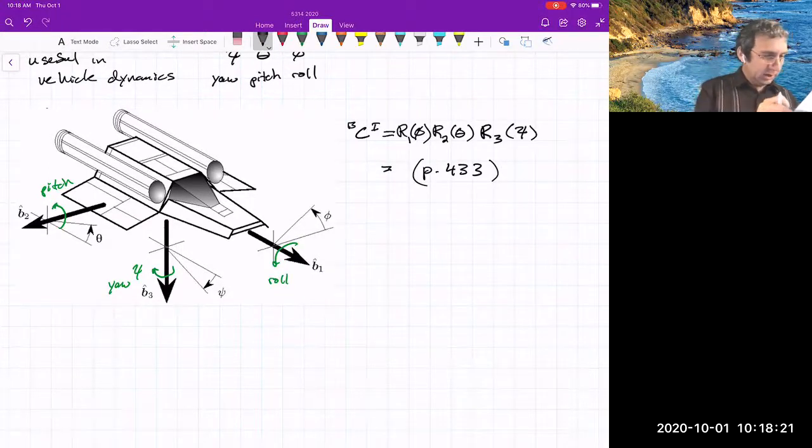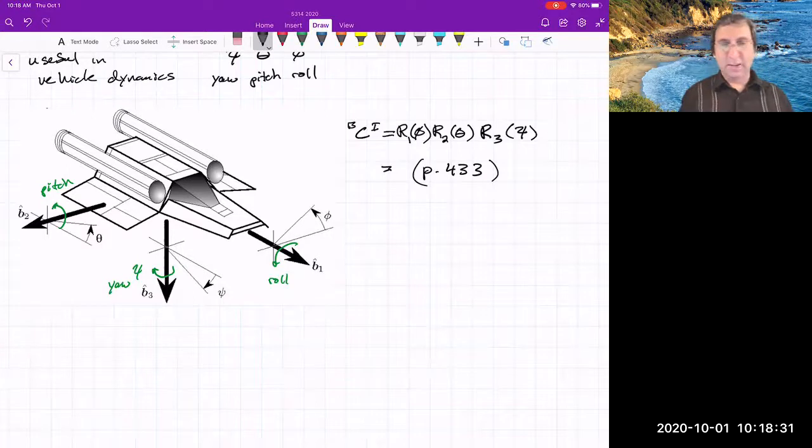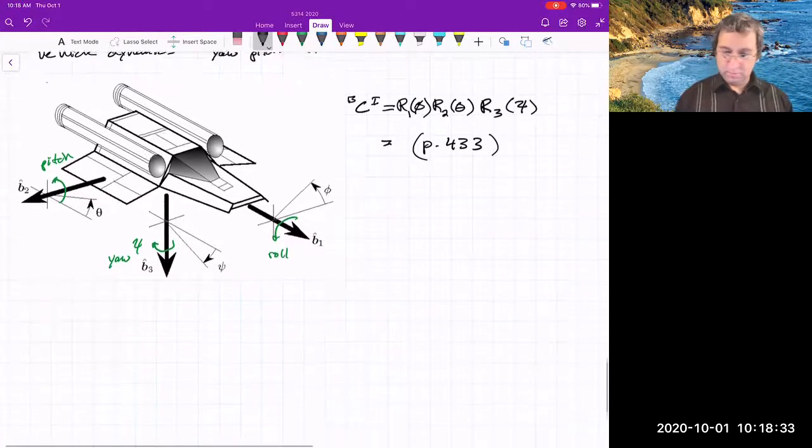There's another way to describe rotations. It's called the principal axis and angle of rotation.